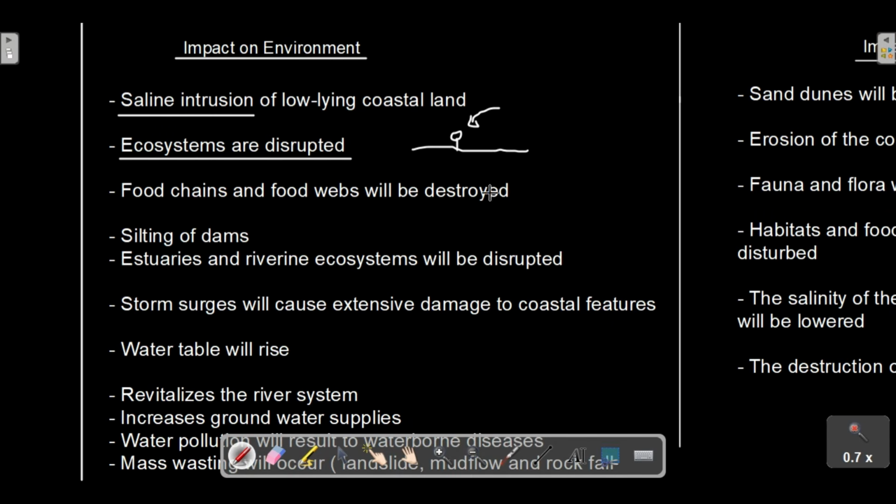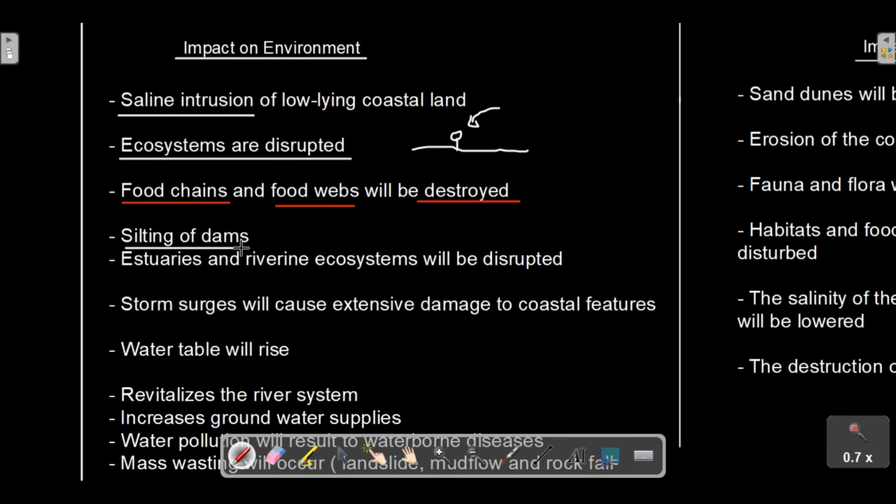Okay, because an ecosystem is an interaction between living and non-living things in a particular area, in a particular region. And so that's going to affect the food chain. That's going to affect the interdependency that these organisms have with each other. Food chains and food webs will be destroyed. Okay, so that is what I just said.